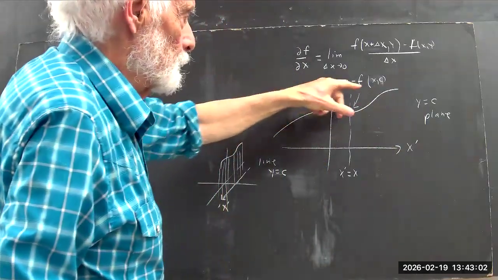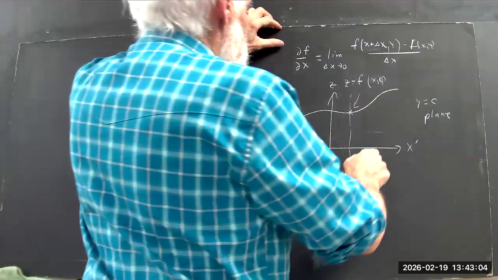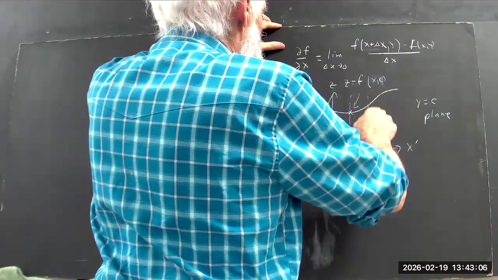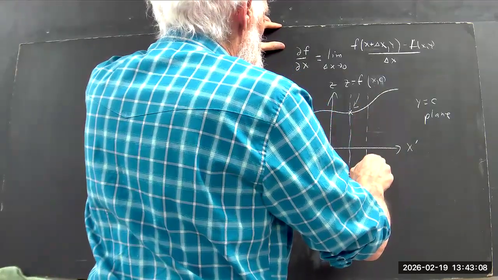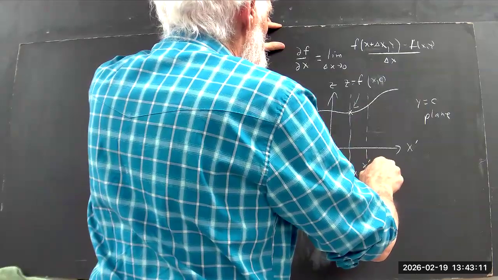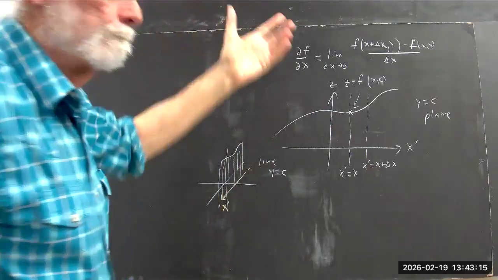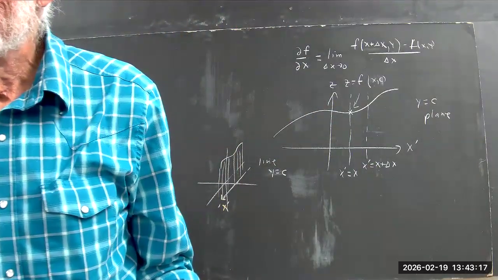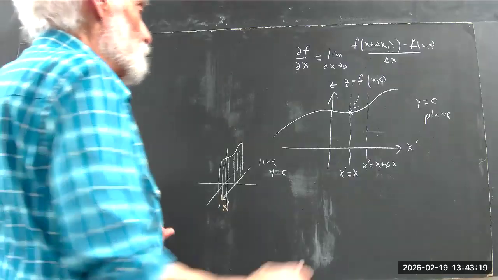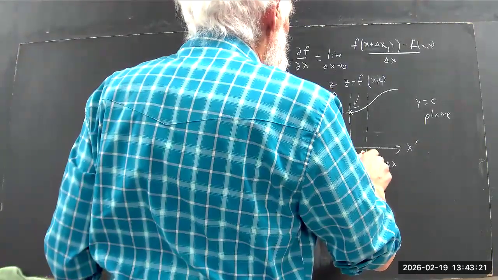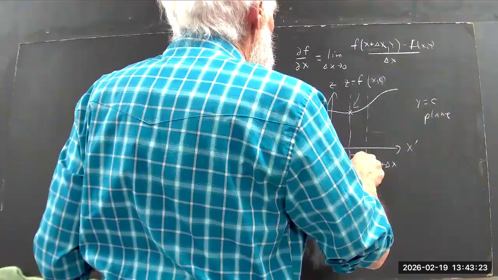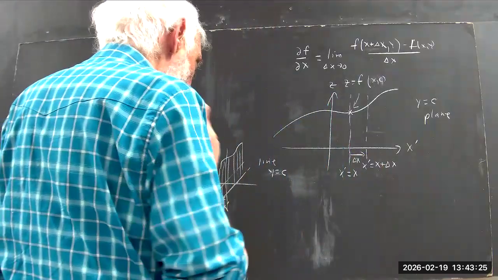So at this point, z equals f of (x, C). And then here we'll let x prime equal x plus delta x, so that this distance here is delta x.